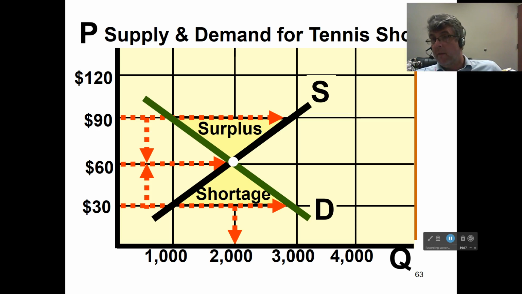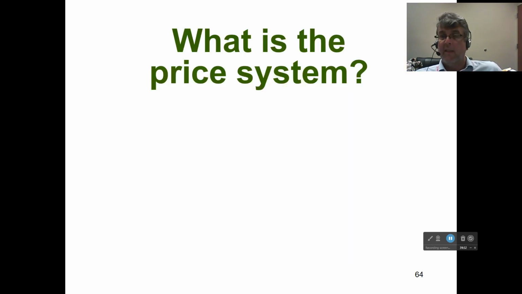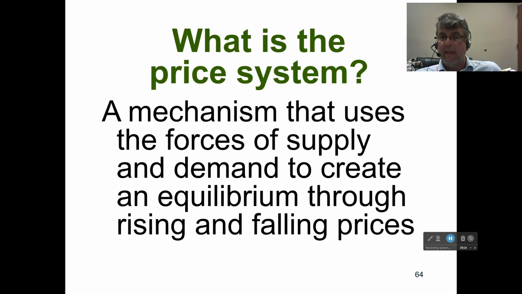This leads us to the belief that there can be no prolonged shortages or surpluses on a free market. The market will eliminate shortages and surpluses through the price system. And that is a mechanism that uses the forces of supply and demand to create an equilibrium, or at least to move us towards equilibrium through rising and falling prices.